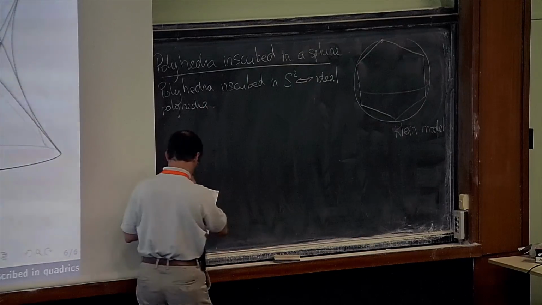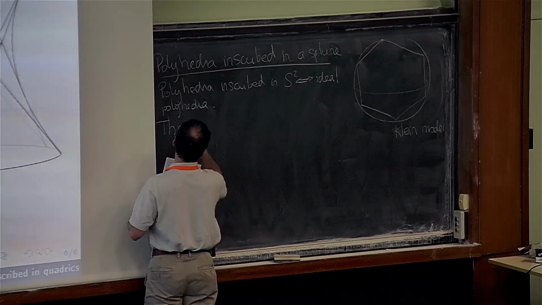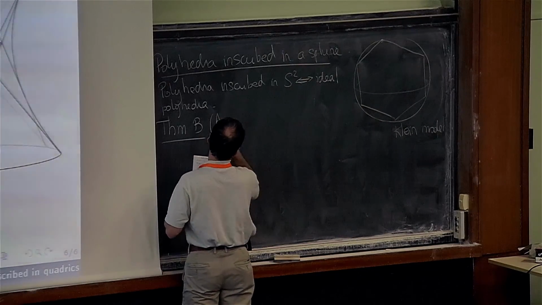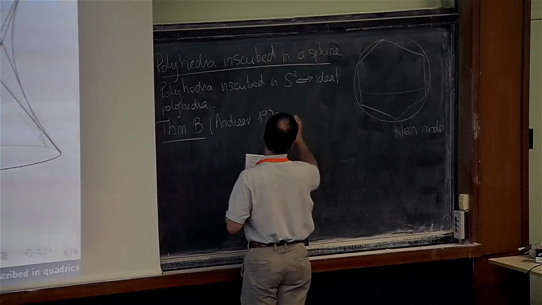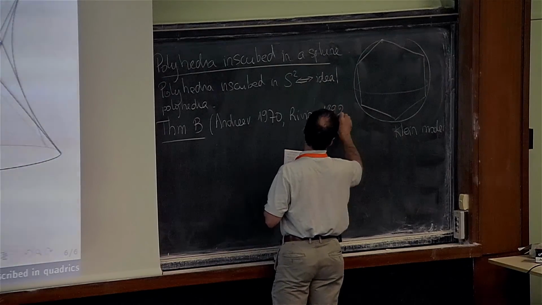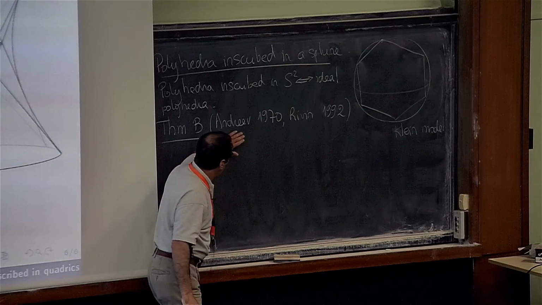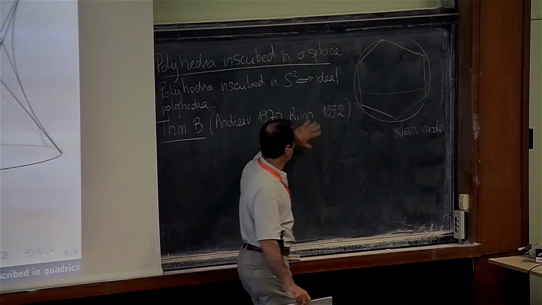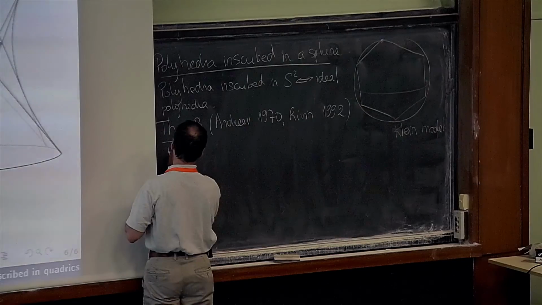We have the following theorem, which I'm going to call Theorem B, and it's due to Andreev in 1970 and Rivin in 1992, I think. I'm not completely sure about the precise dates. Andreev proved it for polyhedra with acute angles, and Rivin gave a proof for any angle, so angles going from 0 to 2 pi. And the statement is the following.